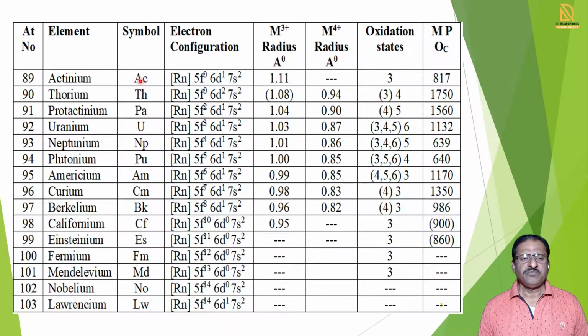So we take our explanation as per the need. Now you see the atomic number 90, thorium, and its symbol is Th.